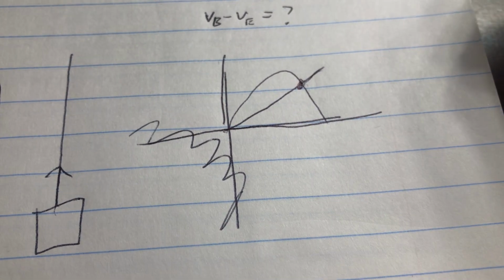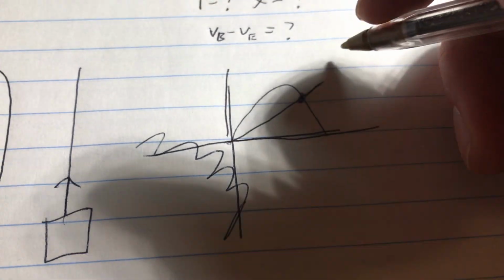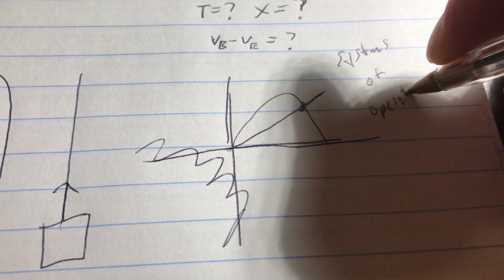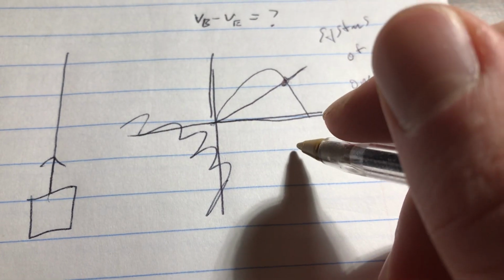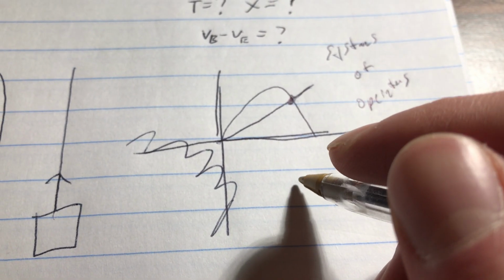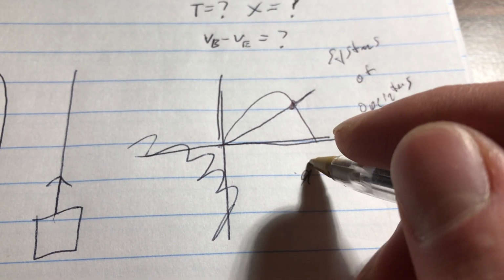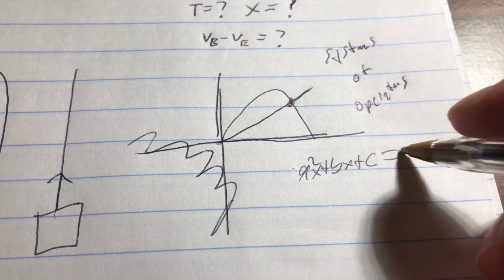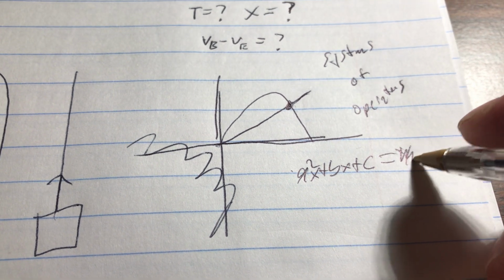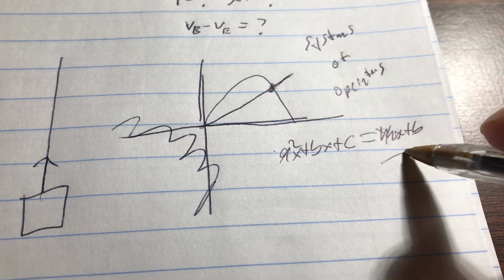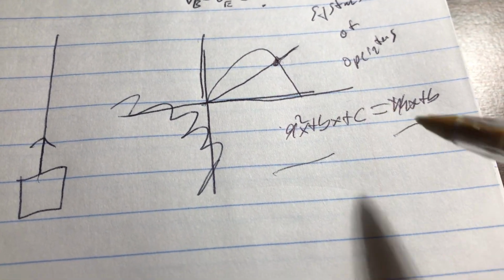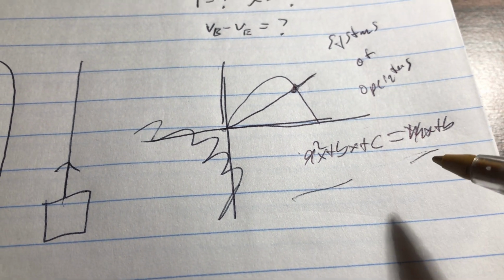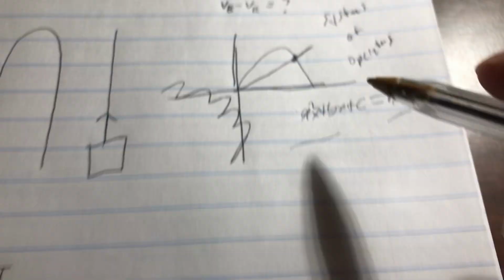Now that we've drawn it on a graph, in high school we'd see something like this and go, systems of equations. Meaning some quadratic, ax squared plus bx plus c, is equal to mx plus b, and we'd solve for that. So why can't we do that? Fact is, we are going to do that.